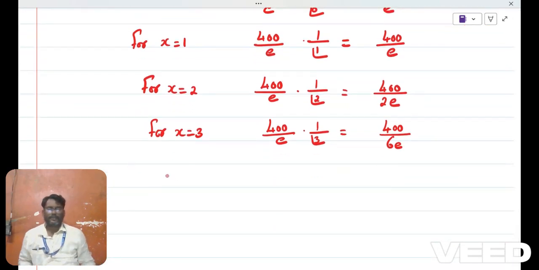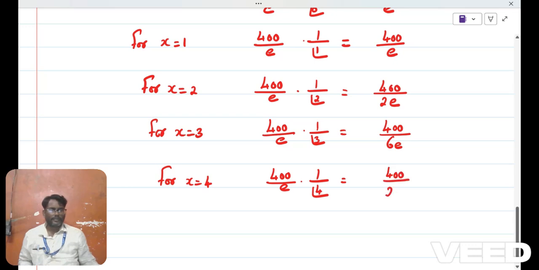Next, for x equal to 4, 400 divided by e into 1 by 4 factorial. The 4 factorial is 24. So 400 divided by 24e.